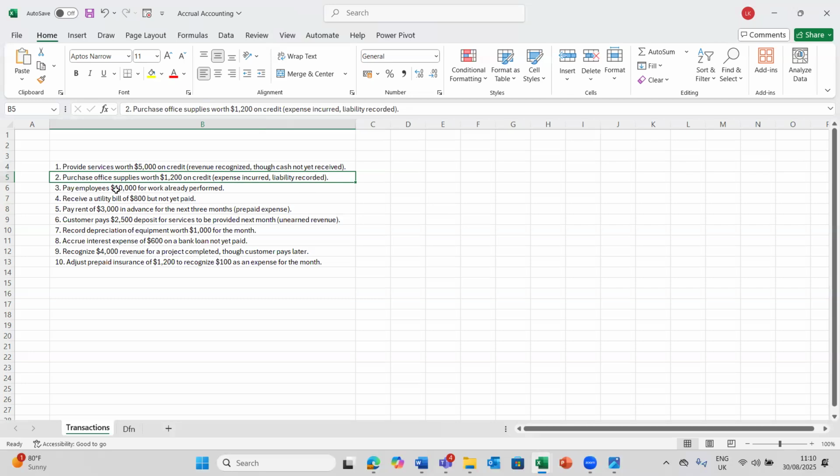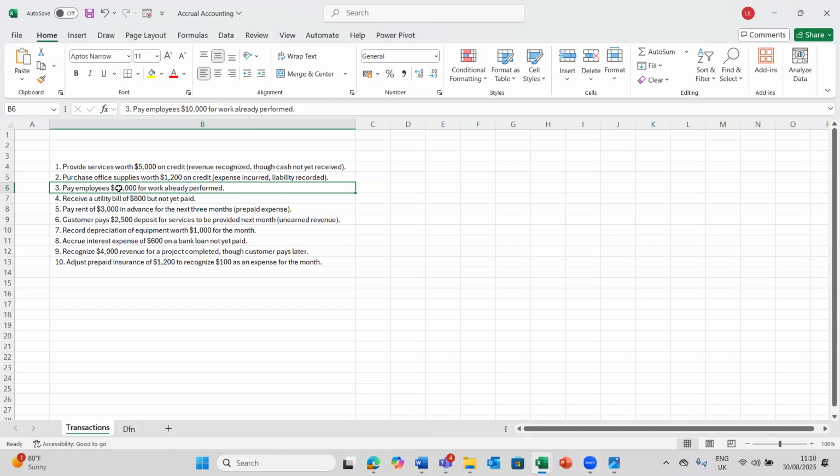You pay employees $10,000 for work already performed. For instance, in August, we have not yet paid staff. We'll pay their salaries or wages in September or on the 1st of September. But in August, we have to show this 10,000 as an expense.